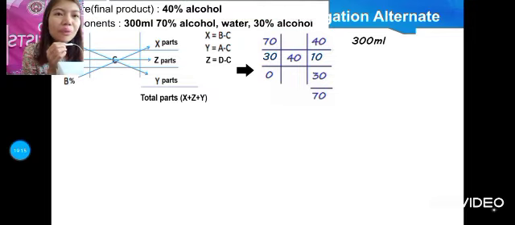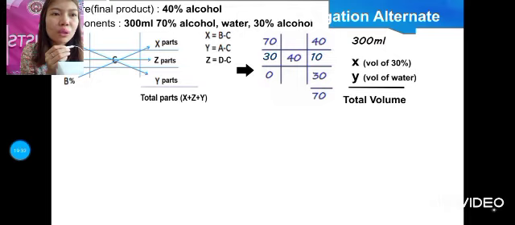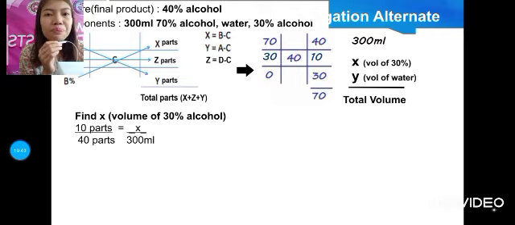And then we already know that in the given we have 300 ml of 70%. So we will now find X, which is the volume of 30%, and Y is the volume of our water. When we add them all, we will now have the total volume. So let's first find X, which is the volume of 30%.